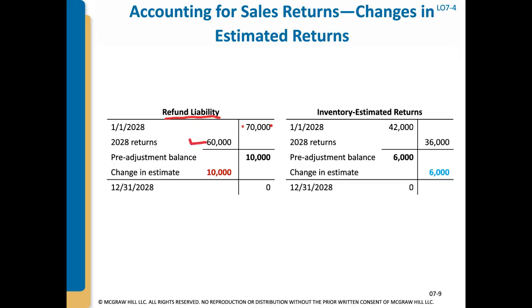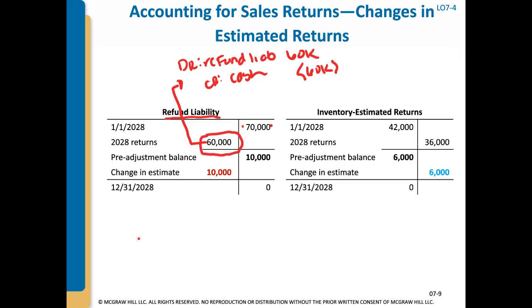So when we booked the $60,000, this is what we would record. Debit refund liability, $60K, and credit cash, $60K. That's this entry right here.